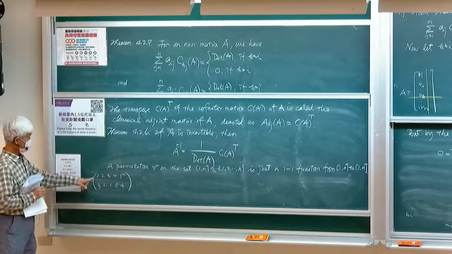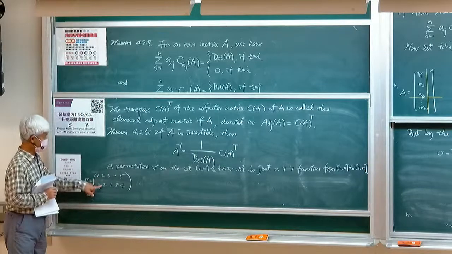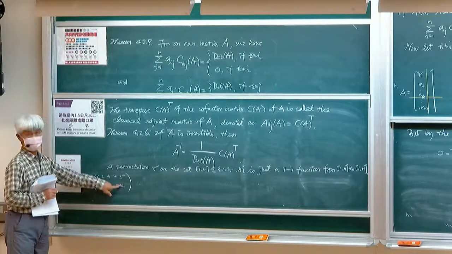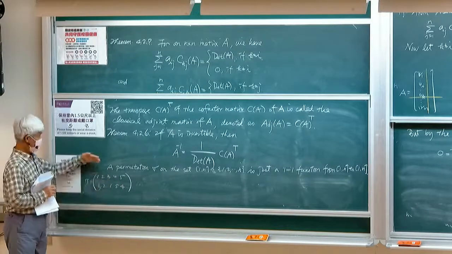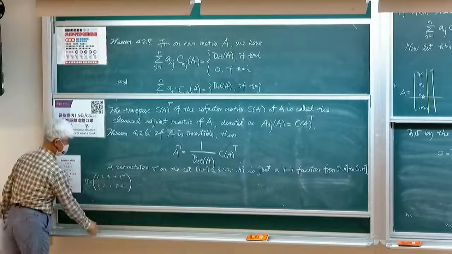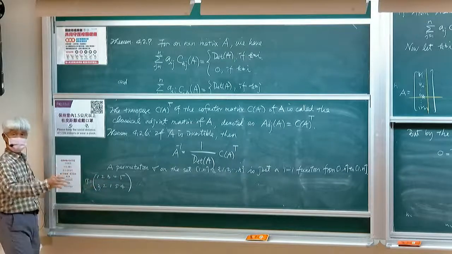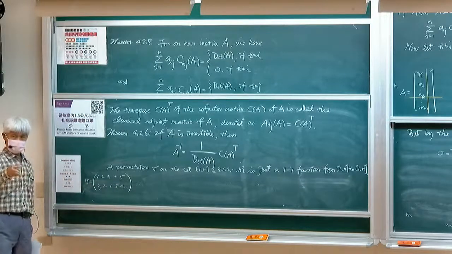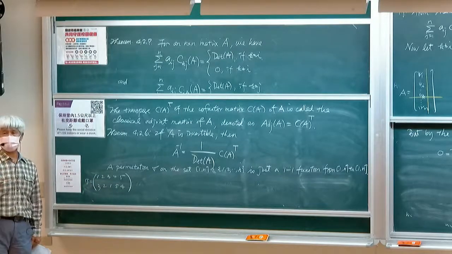That means 1 maps to 3, 2 maps to 2, 3 maps to 1, 4 maps to 5, 5 maps to 4. So this is a rearrangement of the 5 positive integers. A permutation is just a rearrangement of objects.